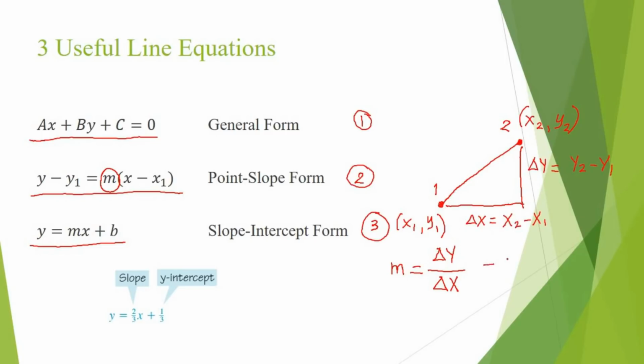So our slope is equal to y sub 2 minus y sub 1 all over x sub 2 minus x sub 1. So these are the basics when dealing with problems involving line equations. These are the very important equations that we need to use.